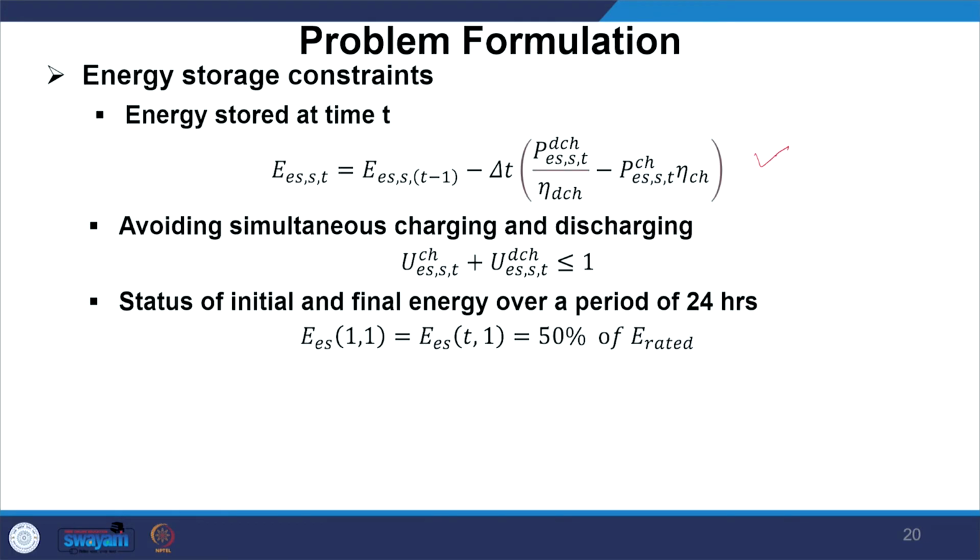So this is my energy storage constraint, the simultaneous charging and discharging constraint, and then the status of initial and final energy over a period of 24 hours. What we consider in the last constraint is that if there is a battery, you start with, let's say, X percentage of energy available before the day begins, that is my time 1 or hour 0 or hour 1, and then you make sure that when the whole day cycle gets over, you leave the battery at the same state.